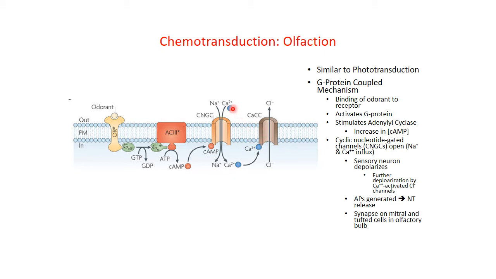So when calcium enters through these channels, calcium will activate these chloride channels, which will allow the chloride to leave these cells. The sum of these activities of these receptors and channels is a depolarization of these cells that will further release neurotransmitters to second order neurons.